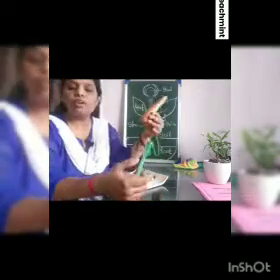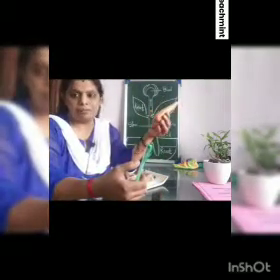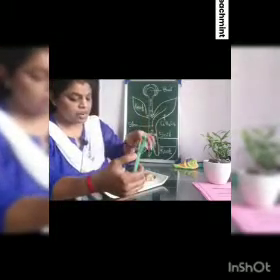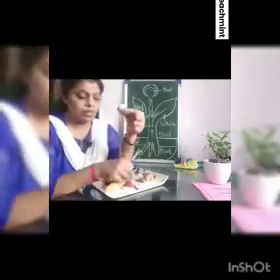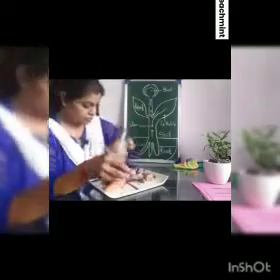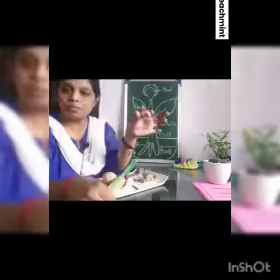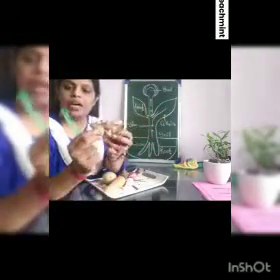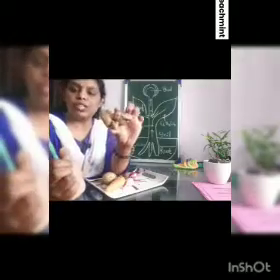Now storage organs can be of n number of types. Here a modified root can be a storage organ. As far as garlic or onion is concerned, these are bulbs. Bulbs can be storage organs. This is a rhizome. I've taken the example of ginger.